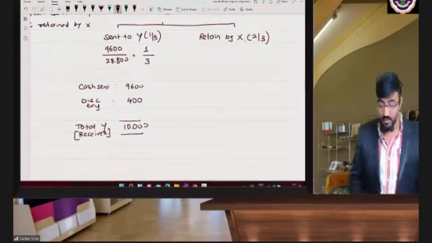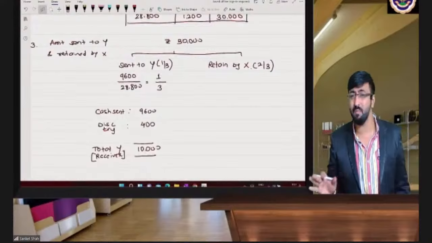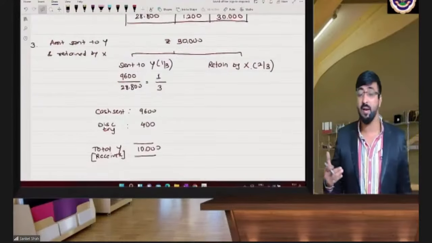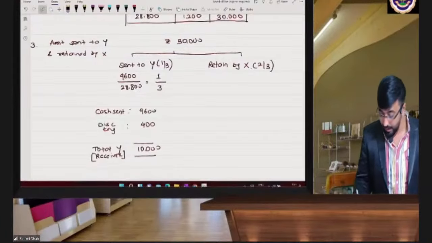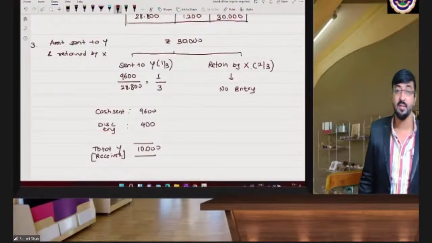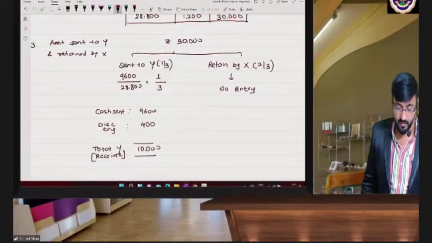You got this concept? Out of 30,000, this amount is sent to Y. It's very simple, beta. 9,600 is sent out of 28,800, which means 1/3, and everything will now be 1/3. And retained by X is no entry.